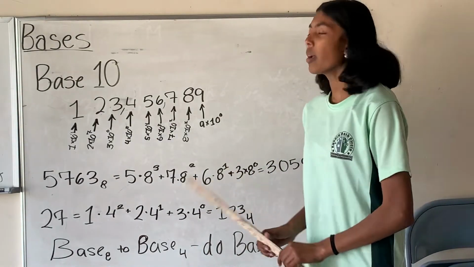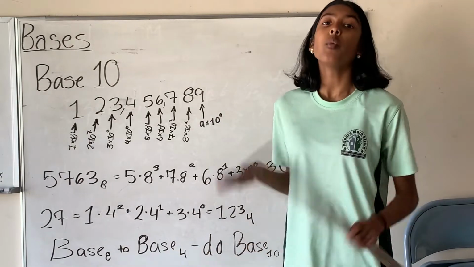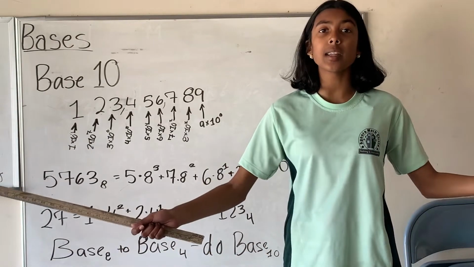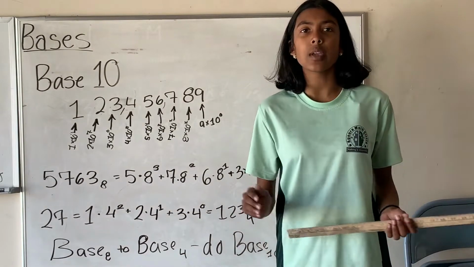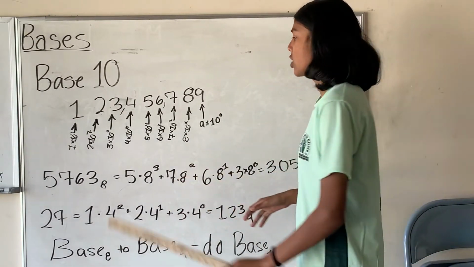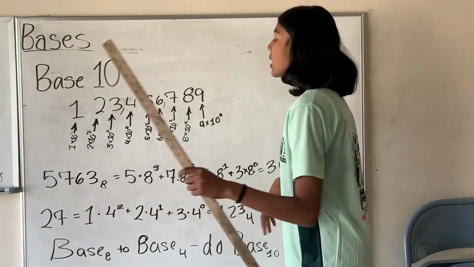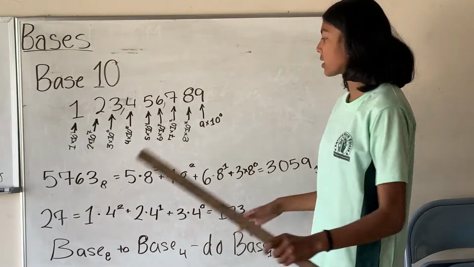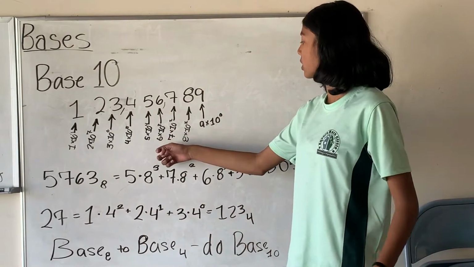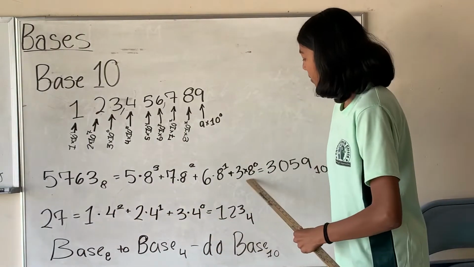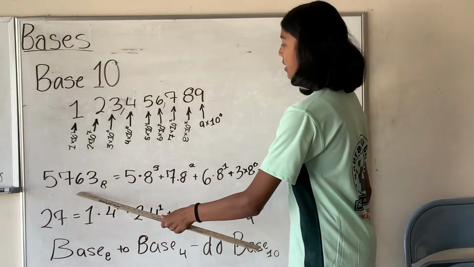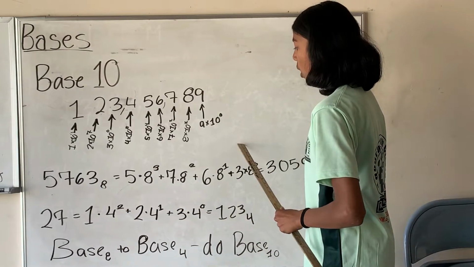You might be wondering, are there any other bases? Well, yes, there are infinitely many bases. Let's try an example. Let's say we have the number 5,763 in base 8, and we want to figure out what it is in base 10. We apply the same logic. A 3 here is 3 times 8 to the 0. A 6 here is 6 times 8 to the 1.